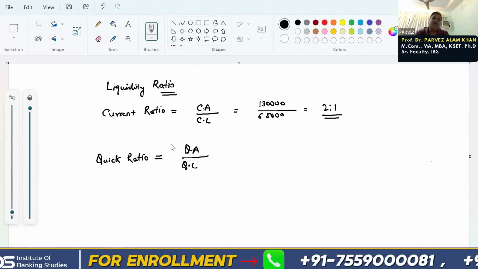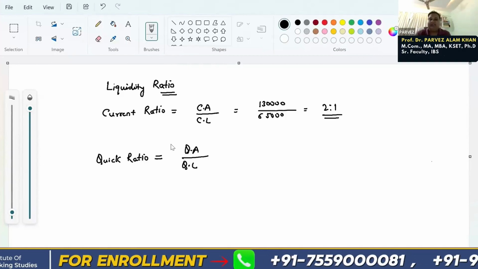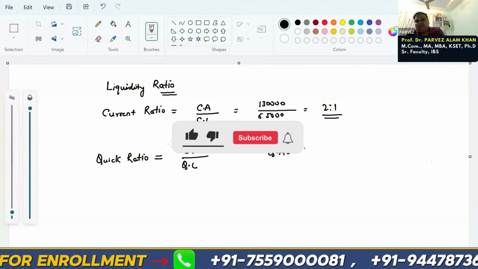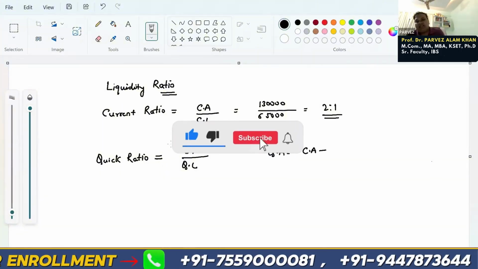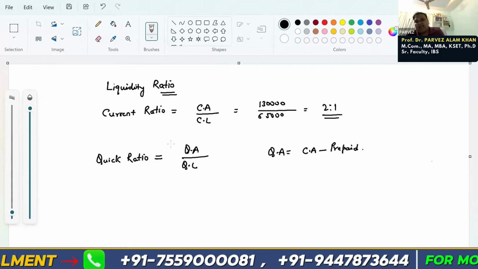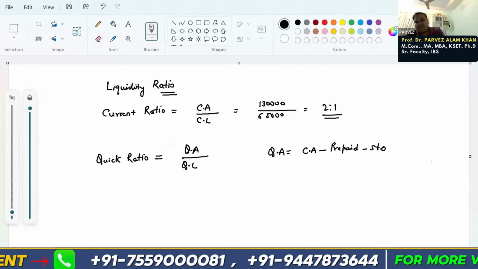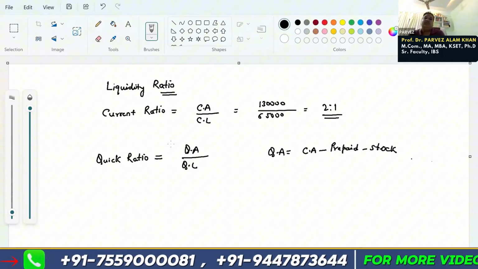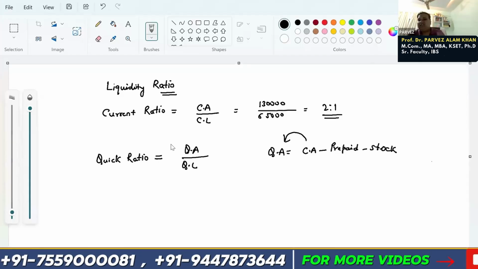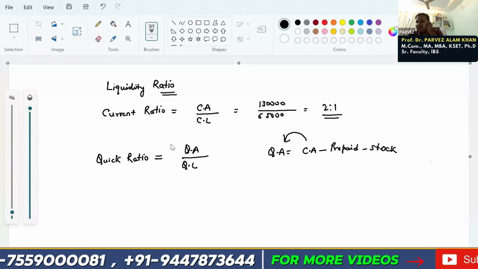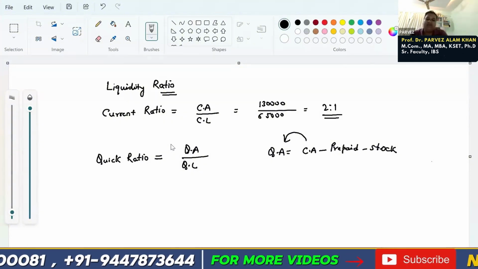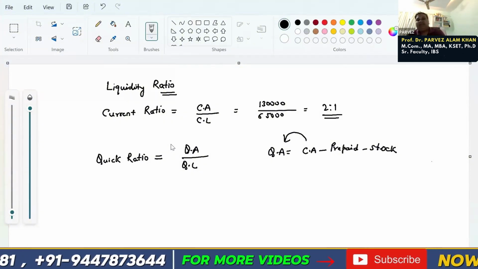Quick asset or liquid asset by liquid liabilities, we say. Quick asset means from current asset you minus prepaid expenses and stock. These two things you subtract, you get quick asset.